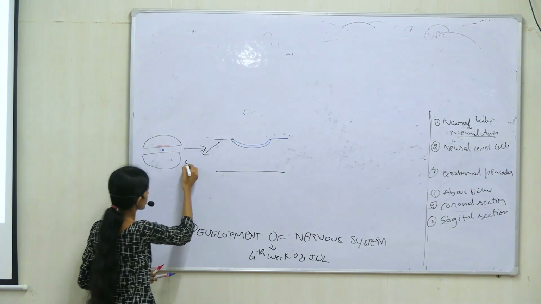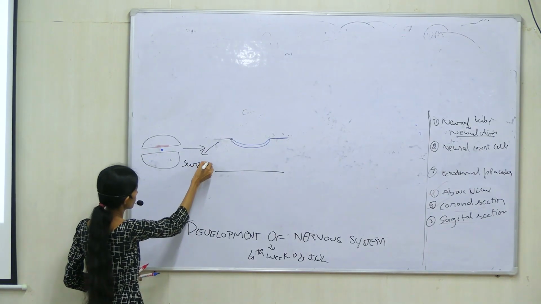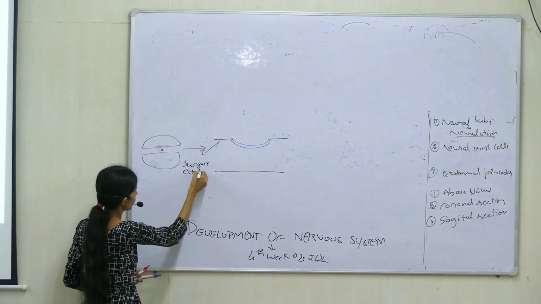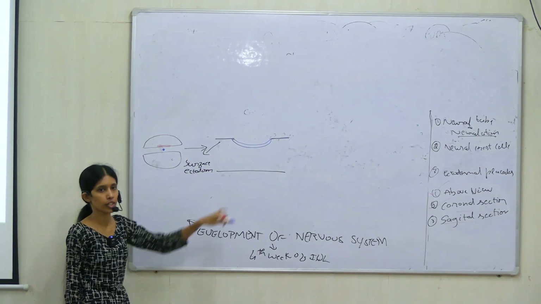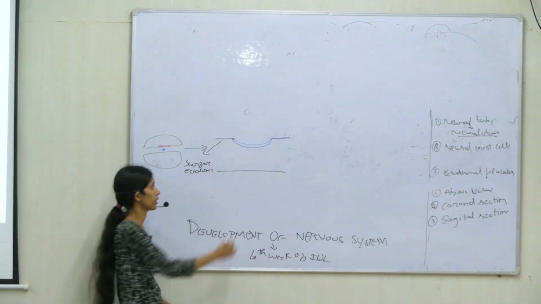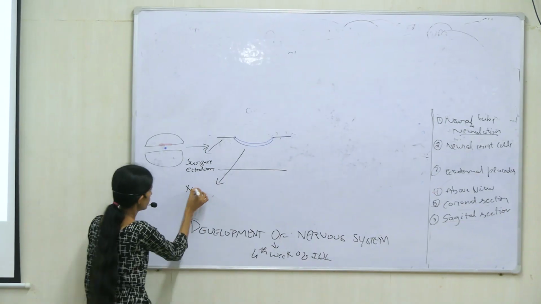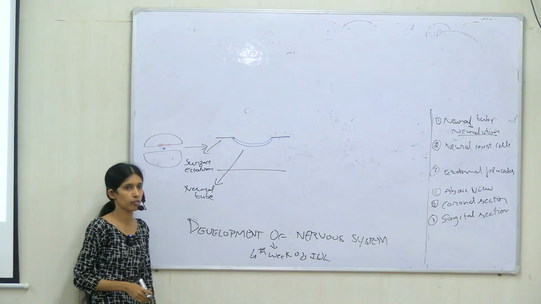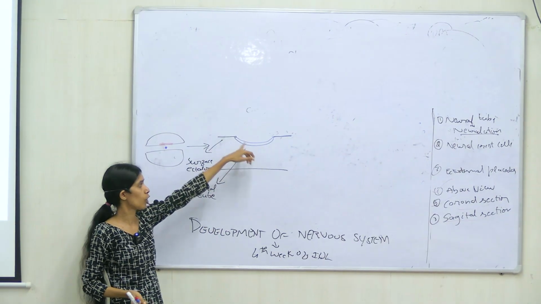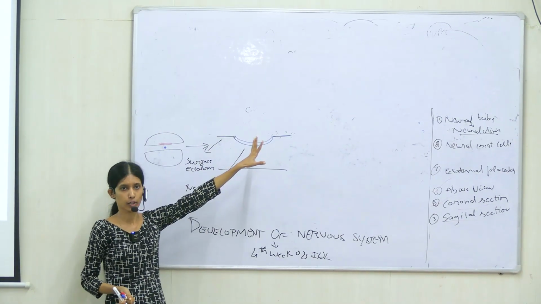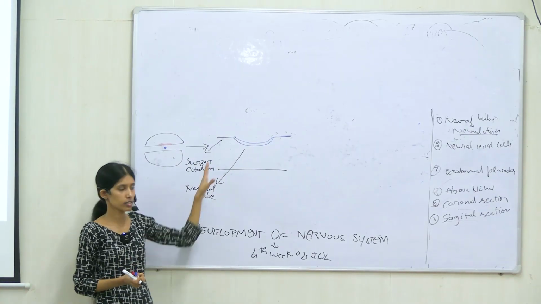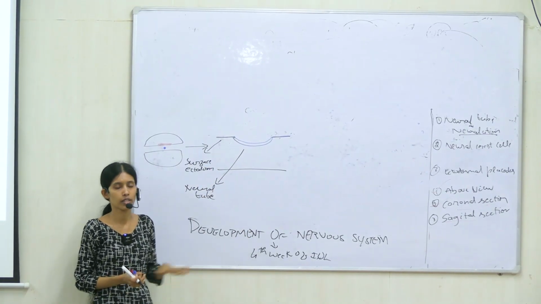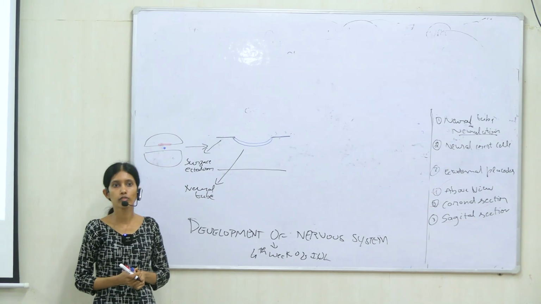So this is your surface ectoderm part. Okay, and the blue structure you are seeing right here is your neural tube. If you observe carefully, your neural tube is still in contact with the surface ectoderm. It's because at this stage your blood vessels are not fully developed.